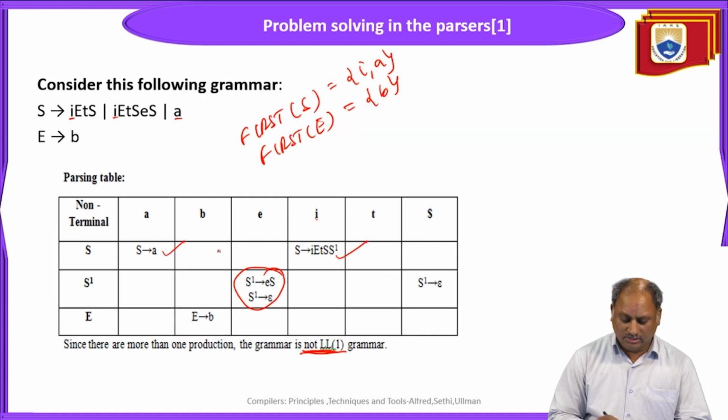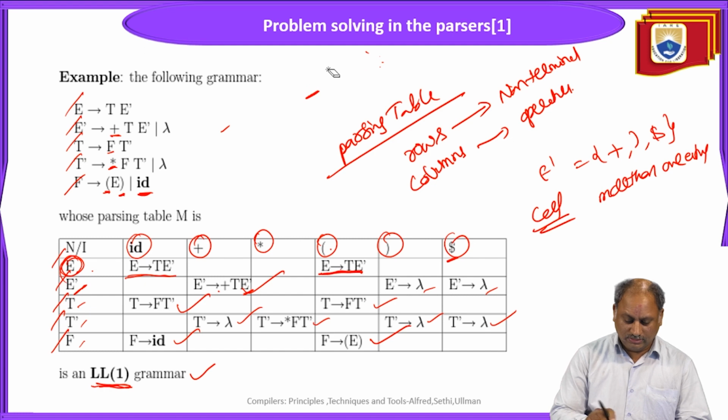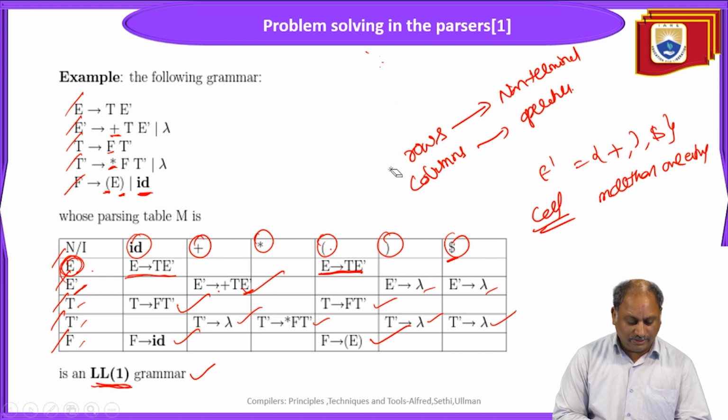The calculation of follow depends on the computations of the derivations, where more than one entry is not possible with this one. Suppose for example here E dash derives plus T dash, and the plus followed by plus. What is the computation that is to be supplied for first of E dash?